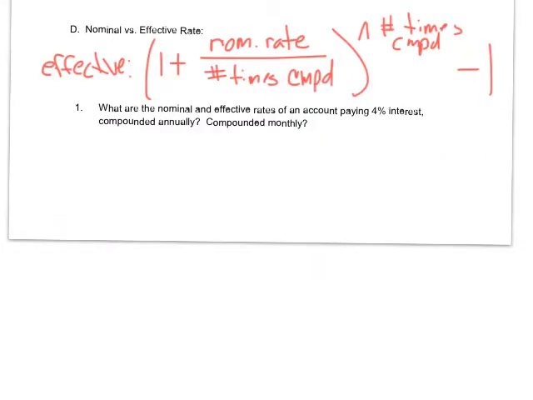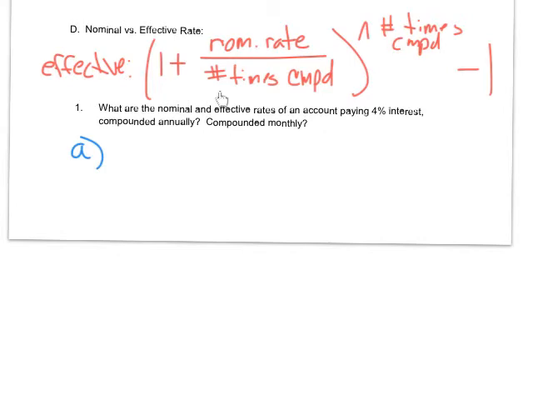Okay, so here's our example. What are the nominal and effective rates of an account paying 4% interest, compounded annually and compounded monthly? So this is the rate that the bank gives me. So for Part A, we'll call the compounded annually Part A. Basically, the nominal and the effective are the same thing. If I'm compounding annually, then this number is 1, and that's 1.